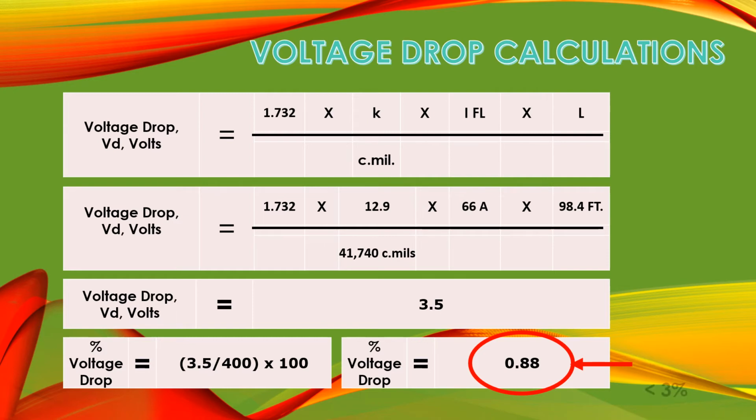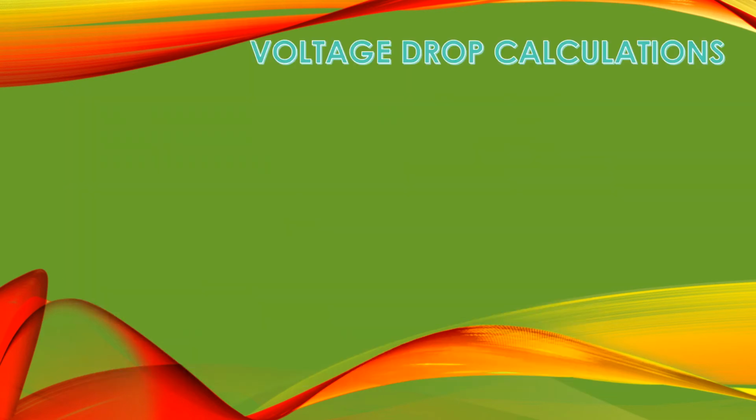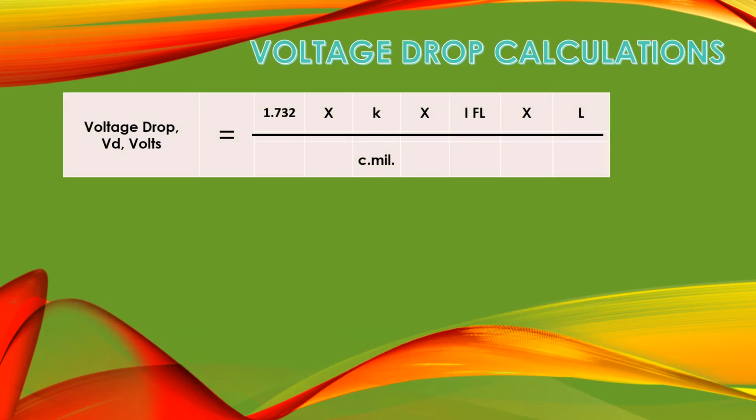So this 0.88 is less than 3%, and we limit it to 30 meters. Okay, and using the same conductor size, which is number 4, 22 mm squared.